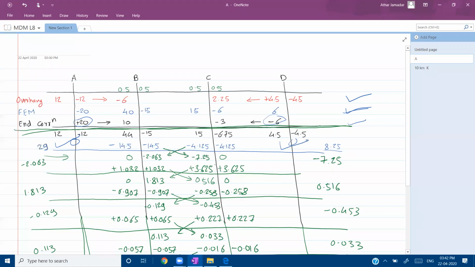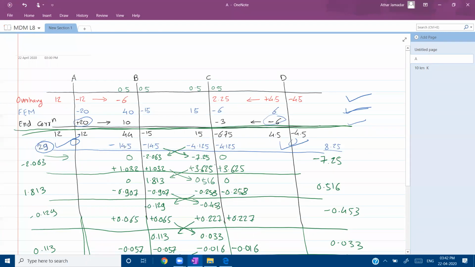Now after this, we have calculated the unbalanced moment. So at support B, unbalanced moment of 29 is acting. So that 29 is 44 minus 15. And as this unbalanced moment is positive, next corrections are negative. Similarly, at support C, unbalanced moment of 8.25 is acting. How has this value of 8.25 come? It is nothing but 15 minus 6.75.